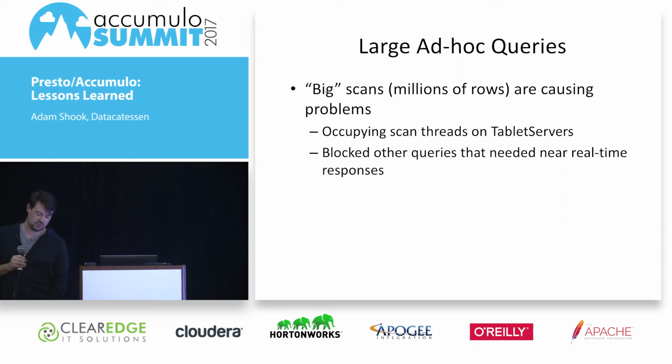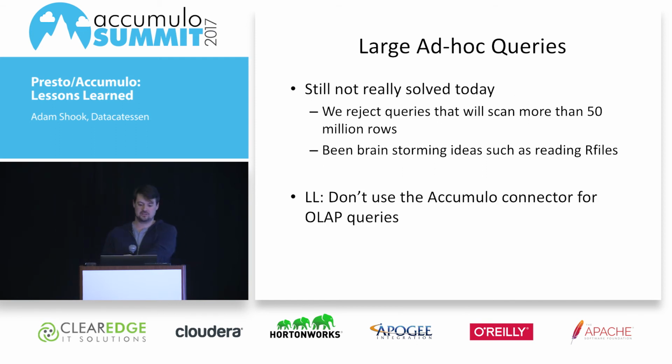So when you run a query, it'll run it like any other query. But what it does is it essentially saturates Accumulo and takes up all of the scan threads and backs up all the scans on the tablet servers, which blocks any other query that's trying to run. And then people complain that their SLAs aren't being hit.